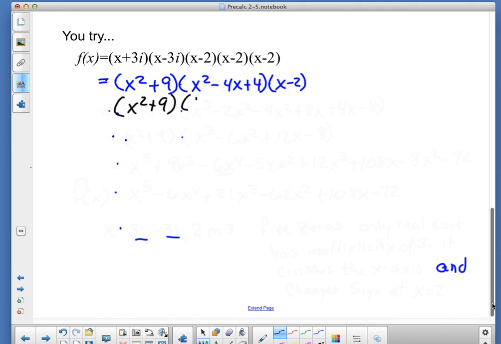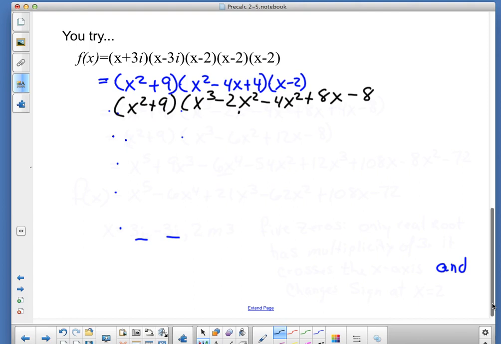And I'm going to go x cubed minus 2x squared minus 4x squared plus 8x minus 8. I think I skipped something. X cubed, negative 2x squared, great, negative 4x squared.